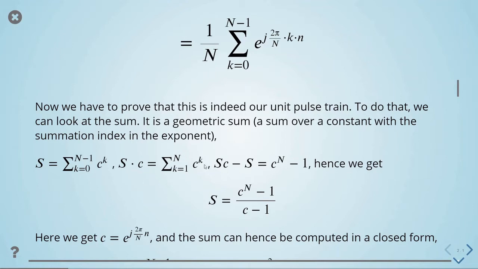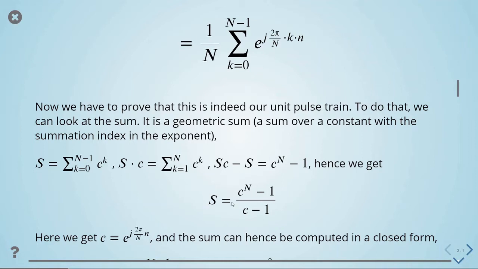Now if we take s times c minus s, we get that s times c minus s is equal to c to the power of N minus 1, and then to find s, we divide. So s here, and then c minus 1, we put s in evidence.